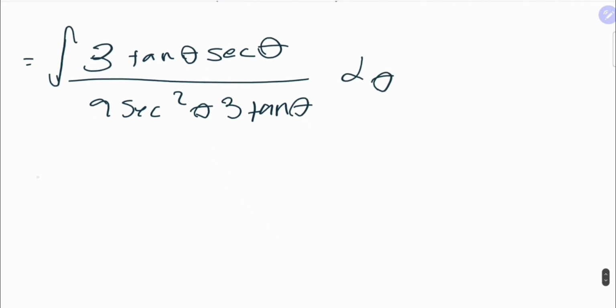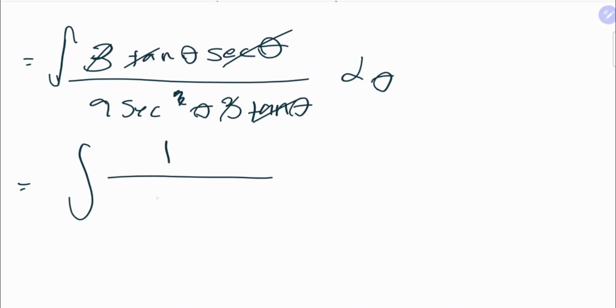So we're almost finished this integral. If you see, we can cancel the 3, cancel the tan, and cancel 1 secant. Okay? So we're left with 1 over 9 secant theta d theta.